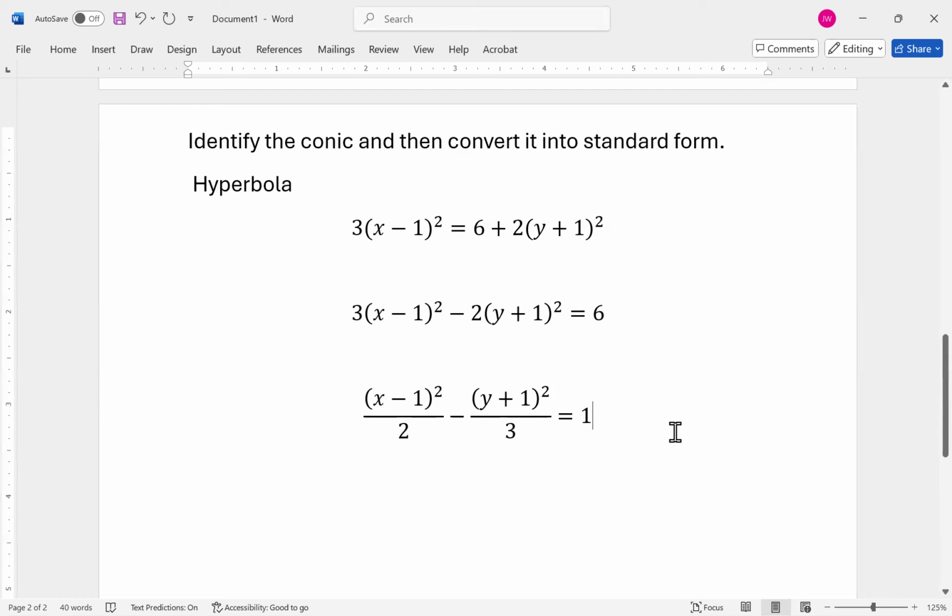And that is the standard equation for the hyperbola we were looking for. Notice that it was a lot easier than our last example because we had already been given the completed squared terms. So we didn't have to do the process of completing the square.